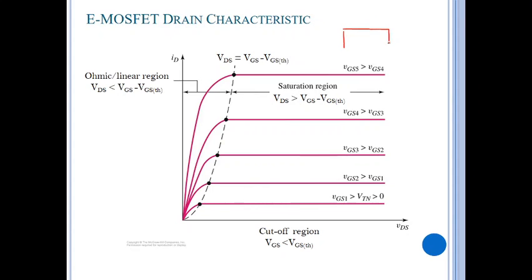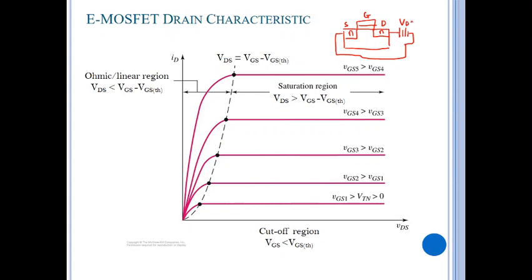Okay, for a clear view, let's redraw the structure here. This is the gate, this is the source, and this is the drain.